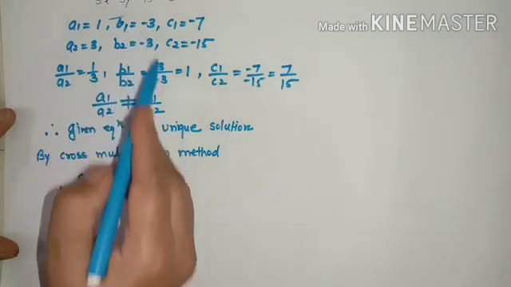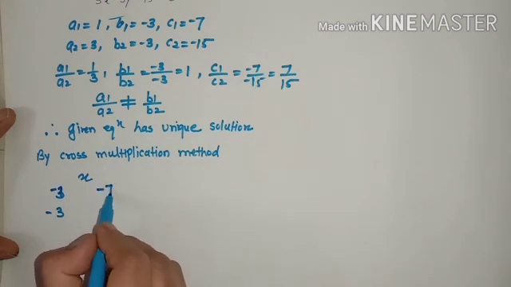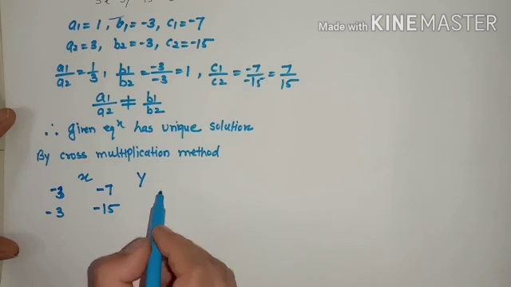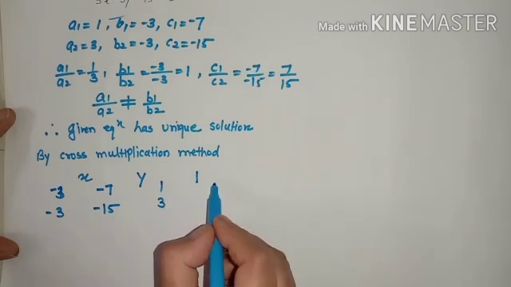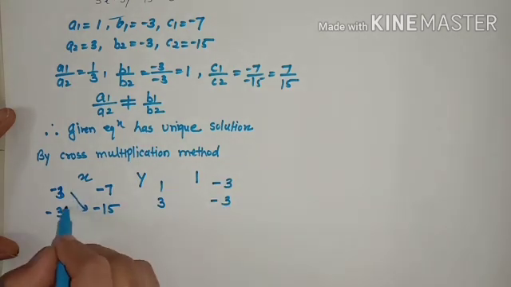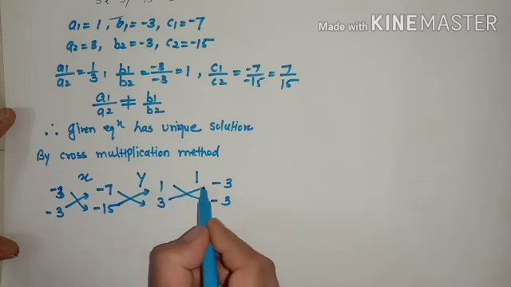The coefficient of b is here -3, and constant term -7, -15, 1, 3, and last again -3, -3. Then we will cross multiply.